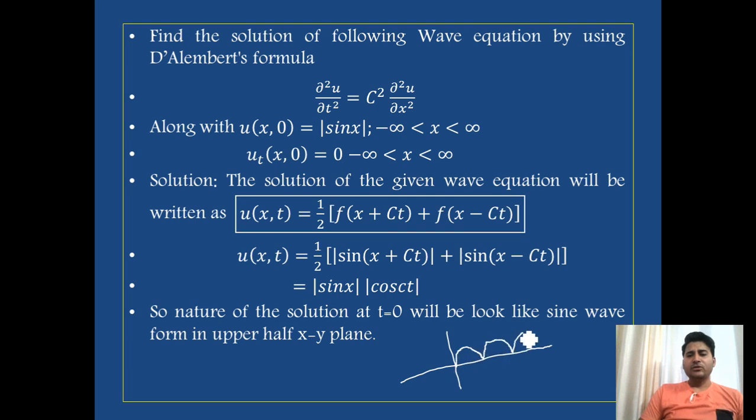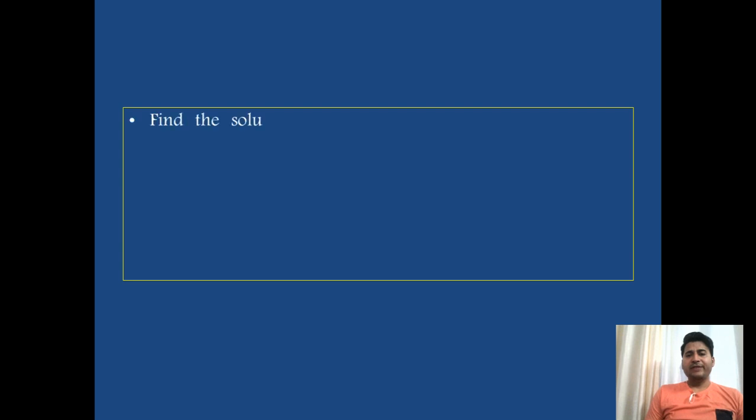So you can see that at time t equal to 0, this is the form of the string, or the shape of the wave formed in the string. Hope you understand the concept. So this is how we can find the solution.